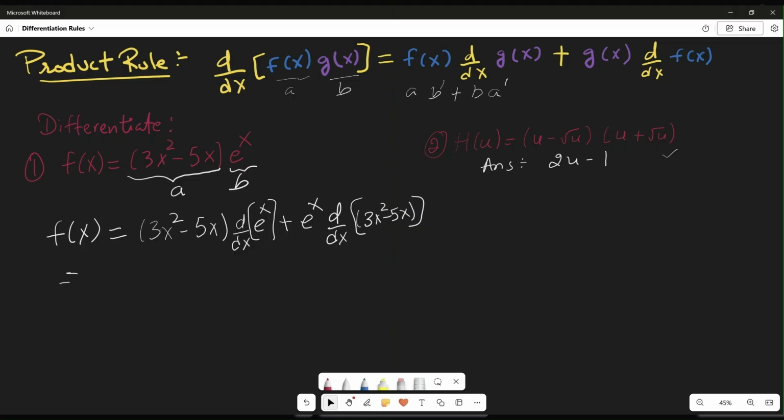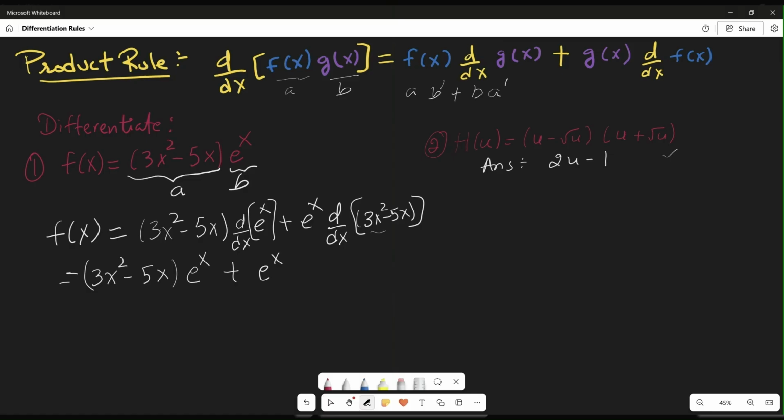So this is 3x squared minus 5x times the derivative of e to the x. The natural exponential function's derivative is simply e to the x, plus e to the x times the derivative of 3x squared minus 5x.